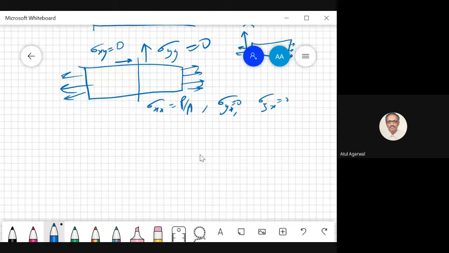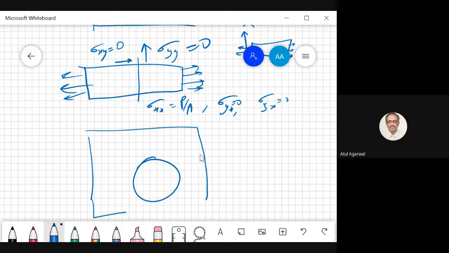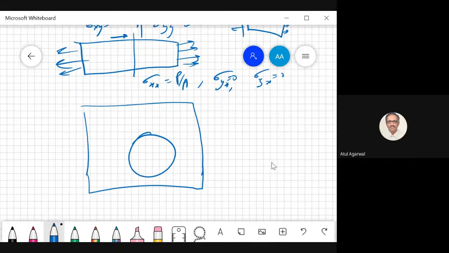Similarly, suppose you have a plate with a hole. Now you can take a coordinate system. Here you can define a radial direction and a theta direction, as in polar coordinates.